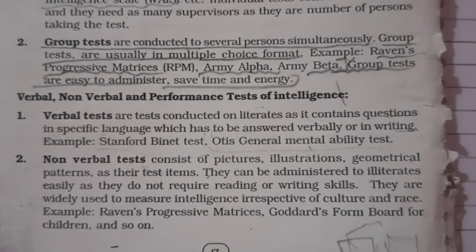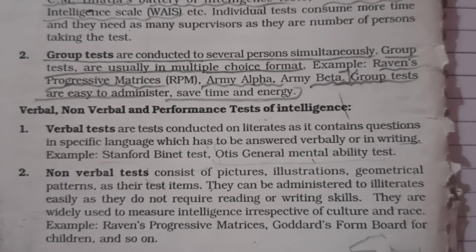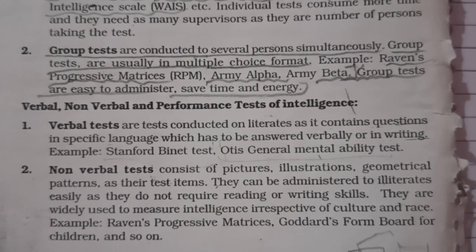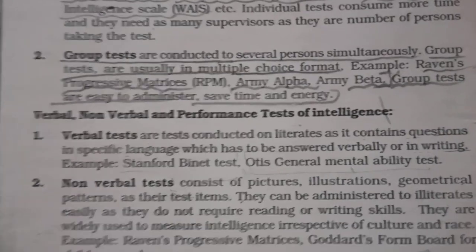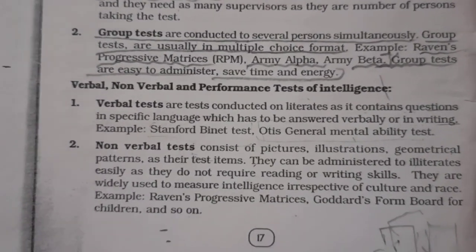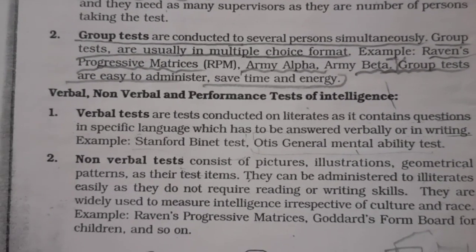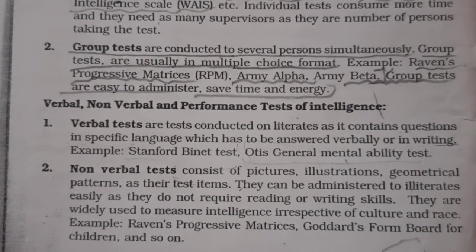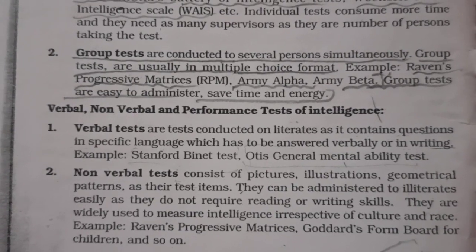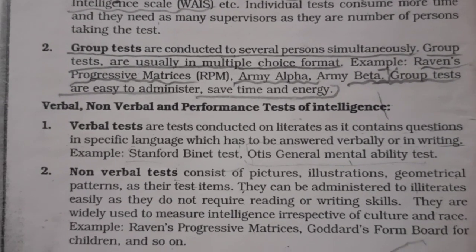Verbal tests are conducted on literates, as they contain questions in a specific language which have to be answered verbally or in writing. Examples: Stanford Binet test, Otis general mental ability test. A verbal test is conducted on literates, those who are educated and can read and write. It contains questions in a specific language, maybe English, Kannada or Hindi.